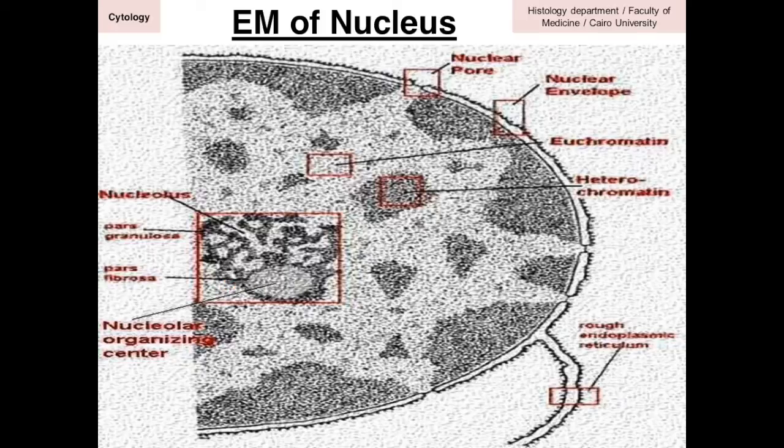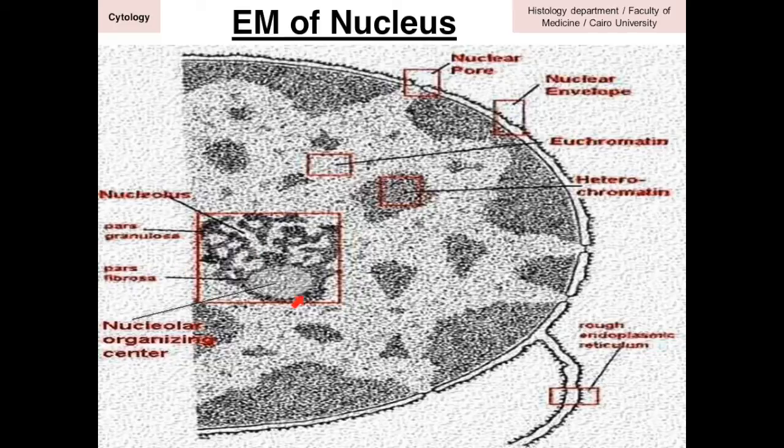This is the nucleolus. Here we have this organizer in which we have the DNA from which the ribosomal RNA is formed. And then this part is the fibrous form of the newly formed ribosomes, so it is called pars fibrosa. And this part is the granular form of the ribosomes, so it is called pars granulosa. And these areas which are lightly stained are the sap.